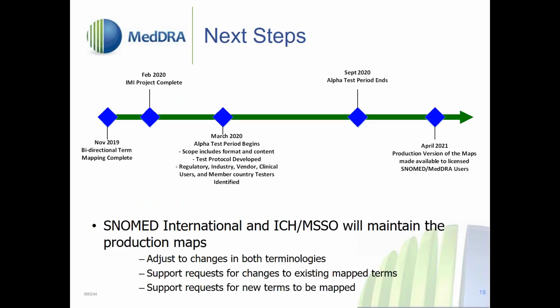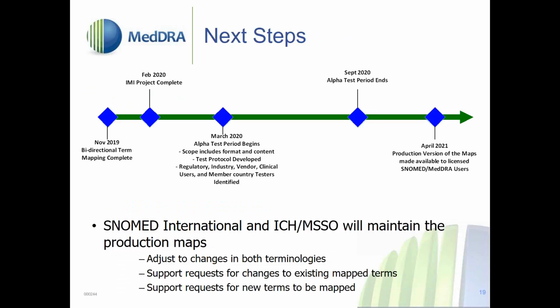And the scope for this testing includes format and content. If your organization is interested in helping us with this testing, please feel free to reach out to the MSSO help desk with an email. But keep in mind, before you do that, that you meet 2 of our criteria to help with the testing. Number 1, make sure you have a strong use case. And 2, you already have access to SNOMED CT coded data.